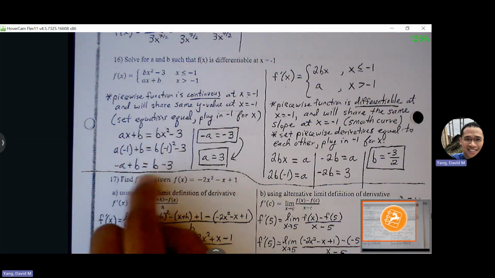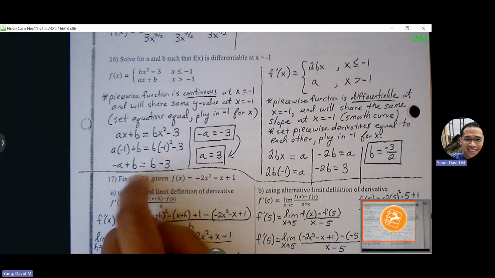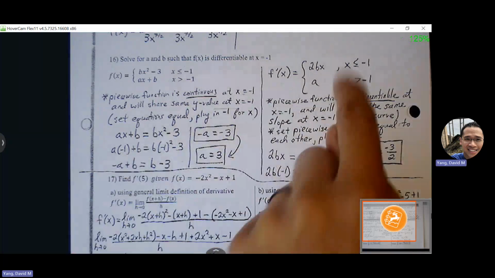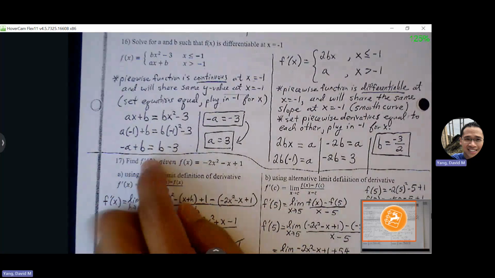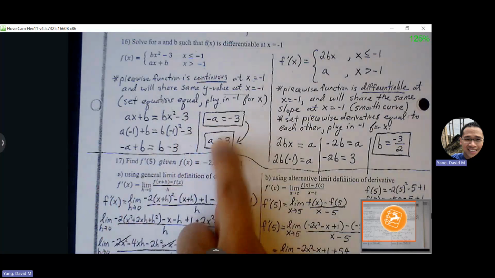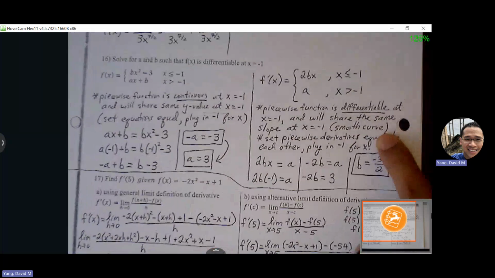A lot of times, this may not solve all the way. If it doesn't solve all the way, you leave it and go to the other equation and then use two equations to help solve for one variable at a time. But in this case, it ends up solving already, so we just get a equals 3. But even if it is unresolved, we still go to the next piece of information.